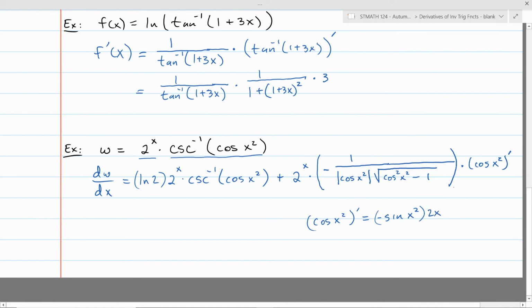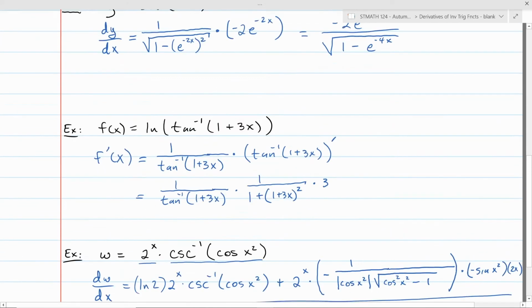So I'm just going to put that in right here. So it'll be times negative sine of x squared times 2x. So there's that derivative. A little bit yucky, but that's the way it goes.